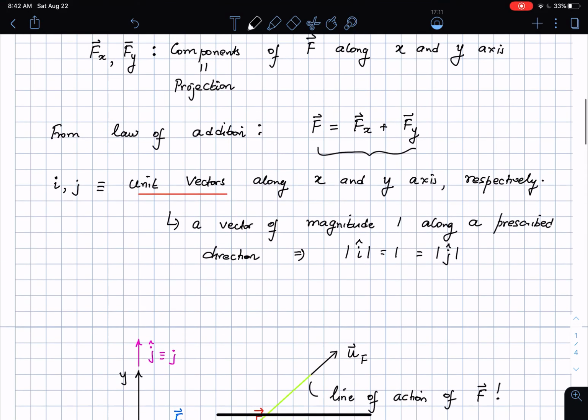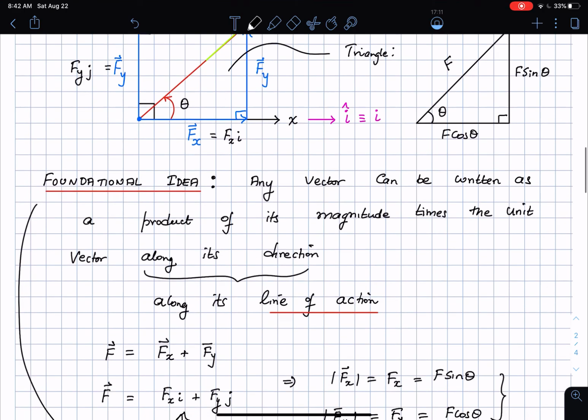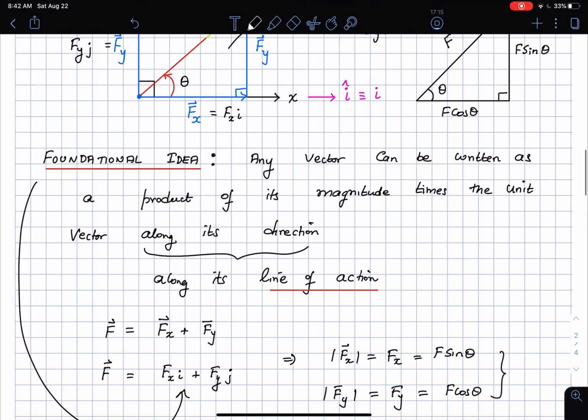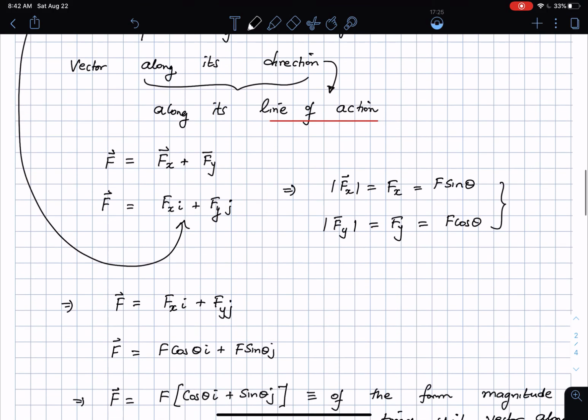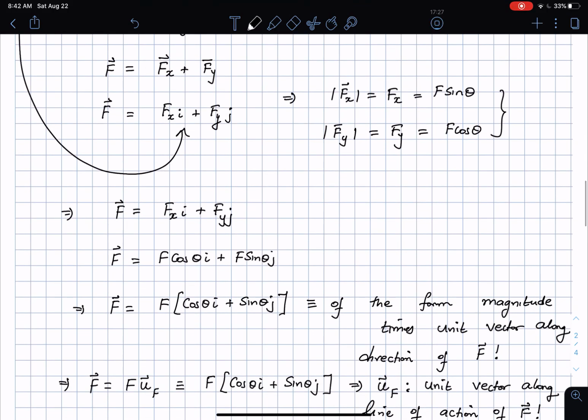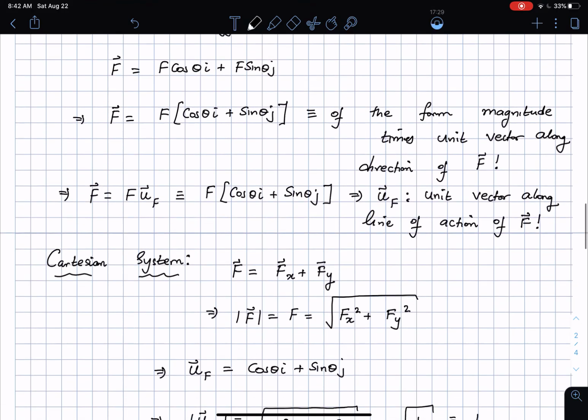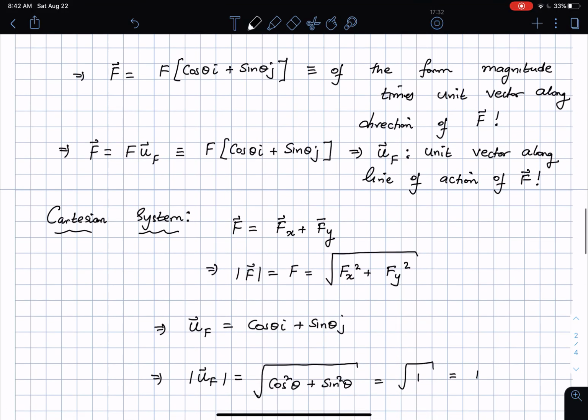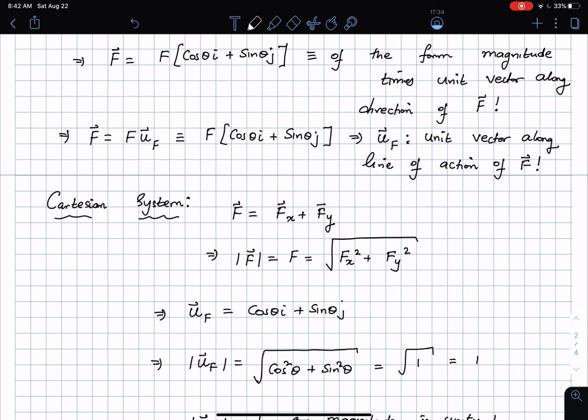The foundational idea is that any vector can be written as a product of its magnitude times the unit vector along its direction. The direction is called the line of action. That is the same thing, the same word for it. And then with that idea, we found out that, given the angle theta, this is going to be the unit vector uf along the direction of the force vector f.